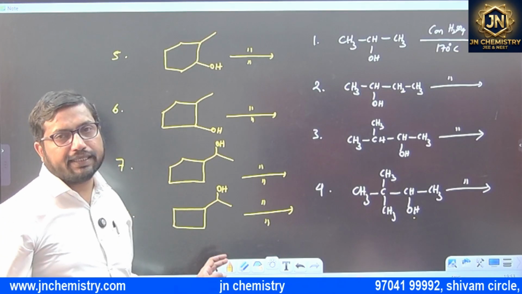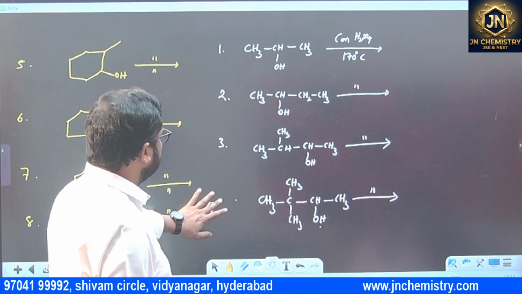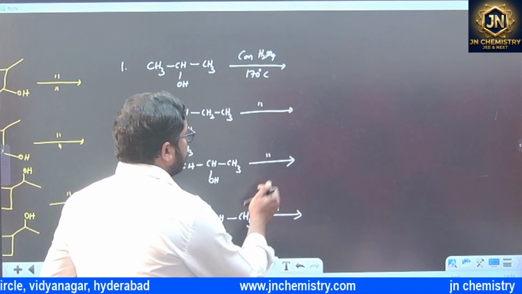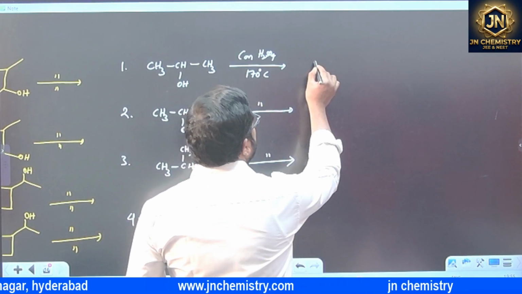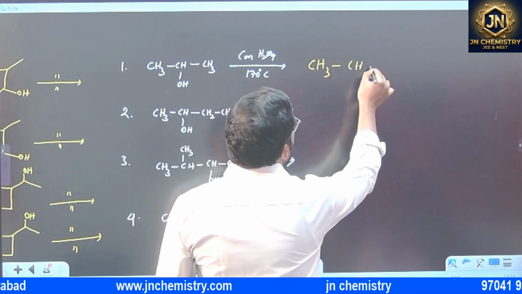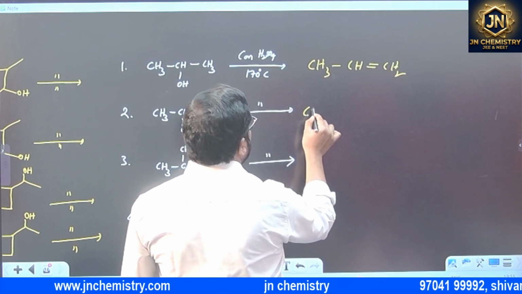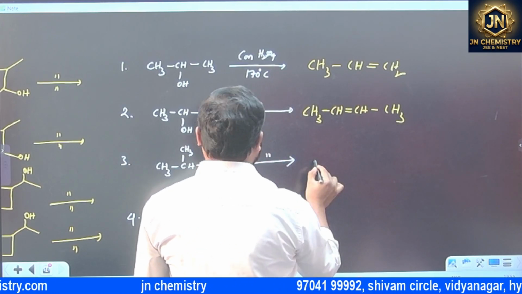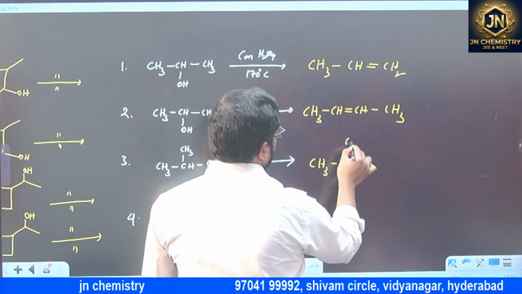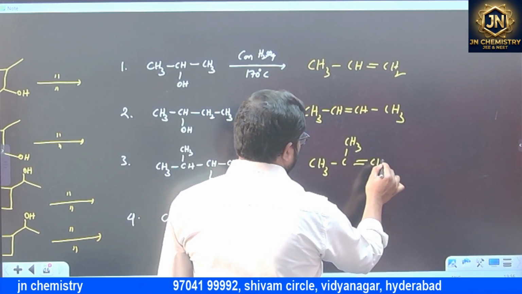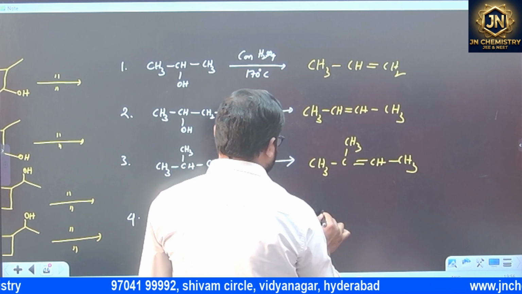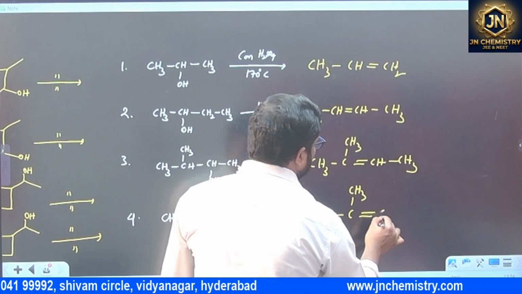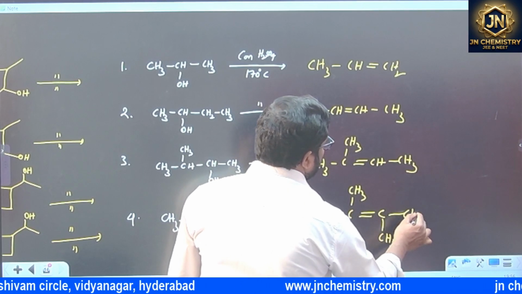In the 7th and 8th cases, ring expansion takes place. First one, propene, obviously, no issues. I'm writing the major product only. In this case, a methyl shift takes place. First the OH group goes out, then the carbocation forms, and then the methyl shift.